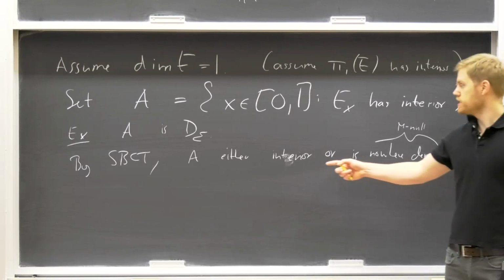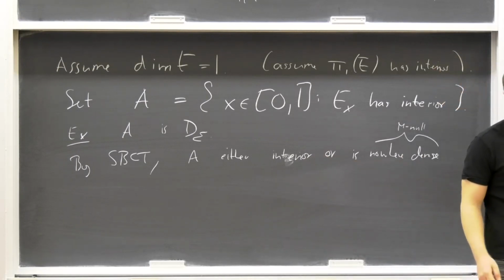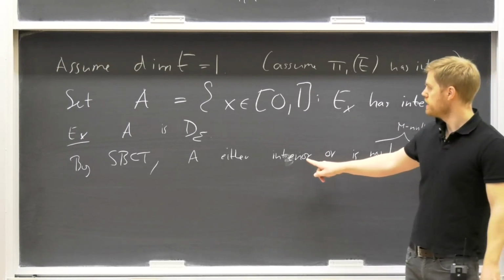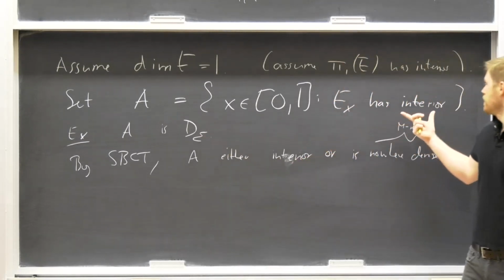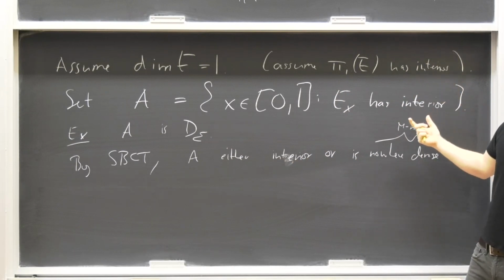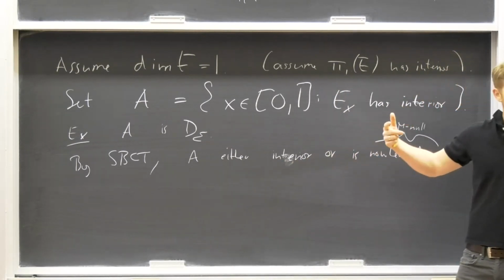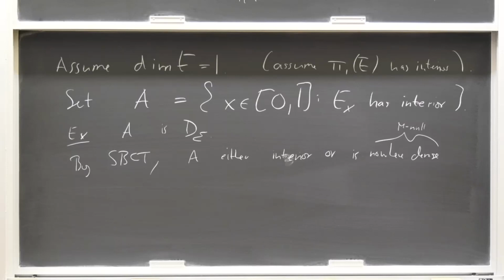So we can rule out this case that this has interior, because we had this kind of result earlier on. I'm not sure precisely what the number is, but if you have a sigma set, and you know that the set of points where it has interior in the fiber is large, so has interior, then the whole thing would have interior. This was this kind of version of Kuratowski-Ulam that we stated.